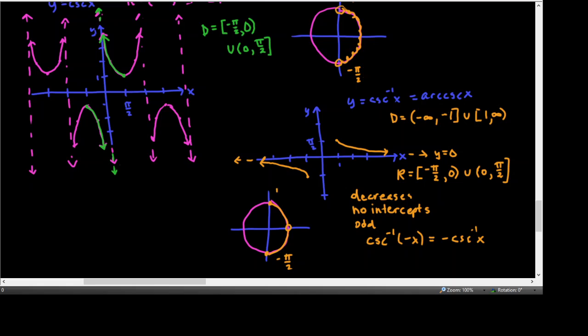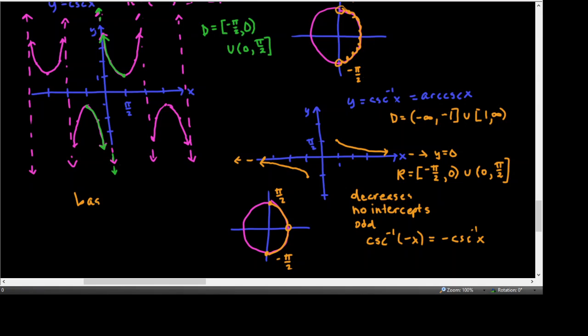So before I go any further, I'd like to mention that there are 3 of them so far that have basically been from negative pi over 2 to pi over 2 with maybe a point or 2 left out. And I'd like to summarize those together and kind of point out how they all go basically.